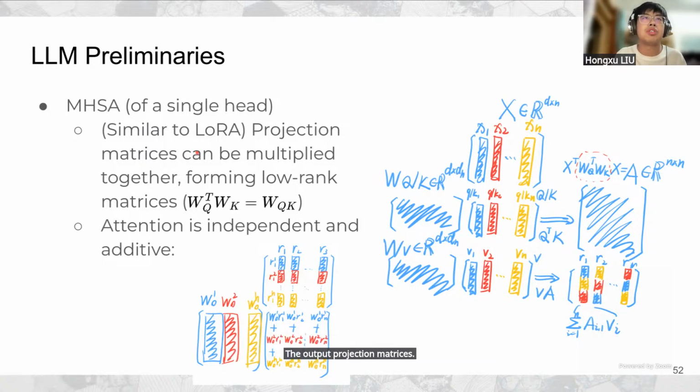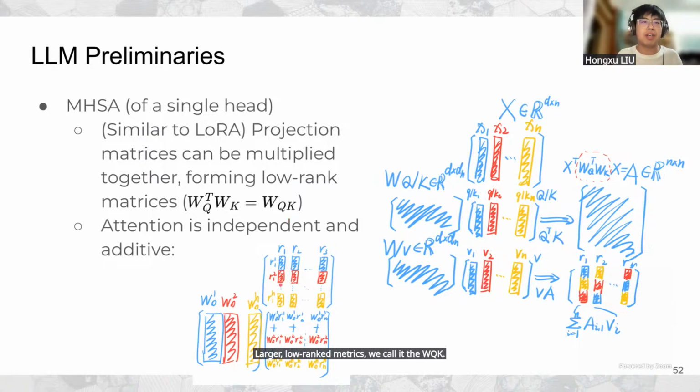Similar to what was explained before, if we dive into the formulation of the attention score, we will see that the query and key projection matrices are multiplied together, forming a larger low rank matrix. We call it the WQK.